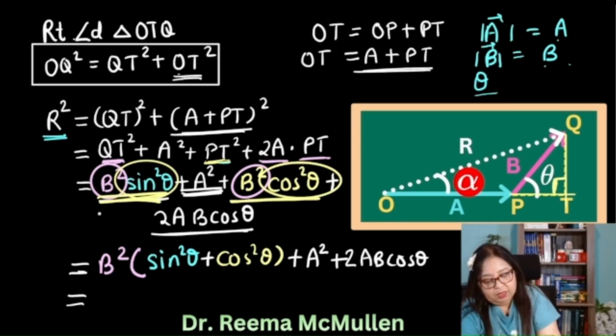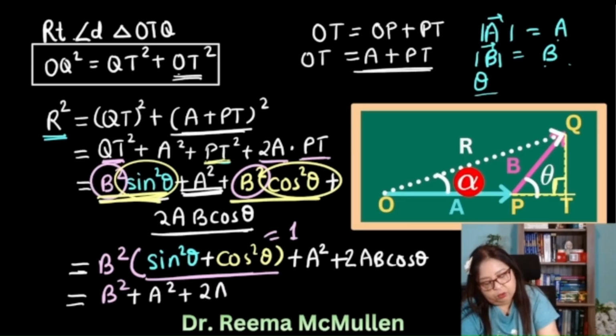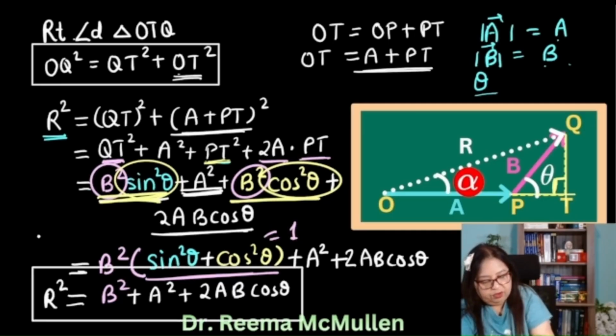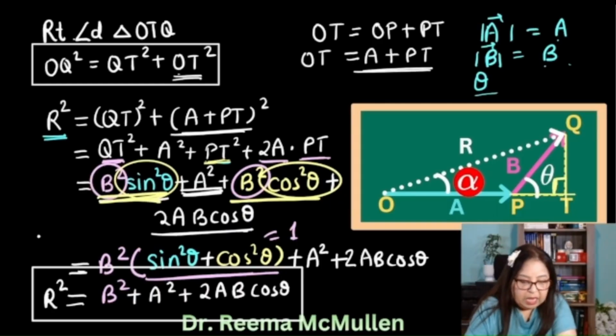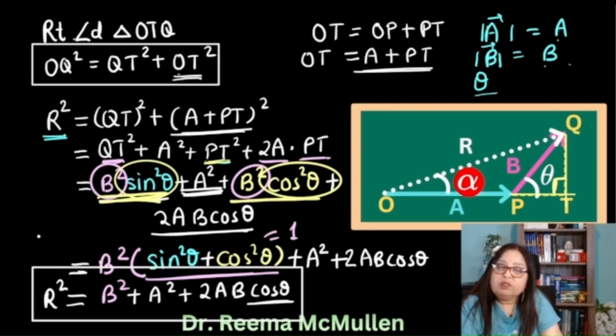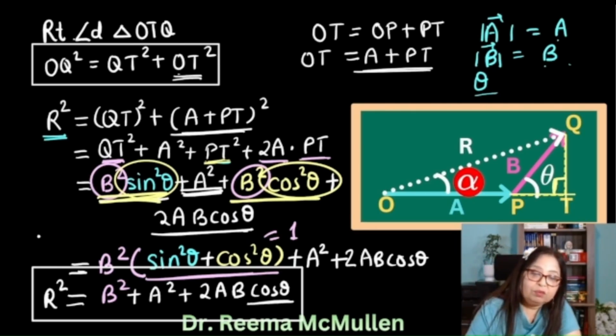What does that give us? That gives us B squared times this, which is equal to 1, plus A squared plus 2AB cosine theta. You can see for yourself that if angle theta was equal to 90 degrees, that is, if vector A and vector B were at right angle to each other, then this cosine theta will be cosine 90 degrees, which is equal to 0.